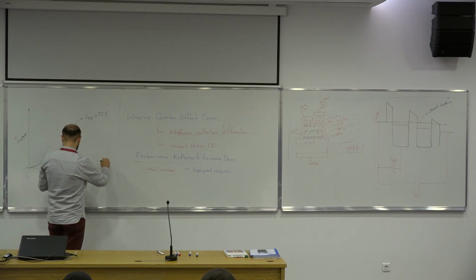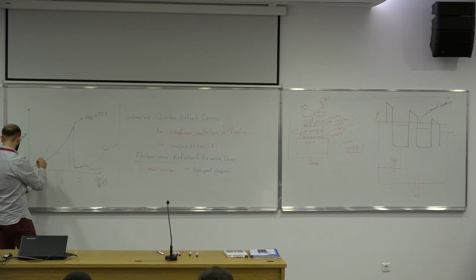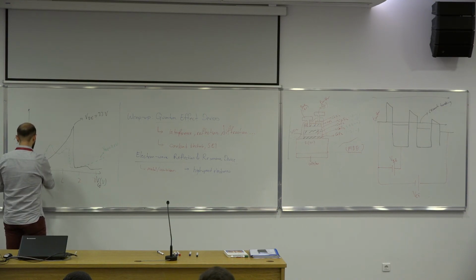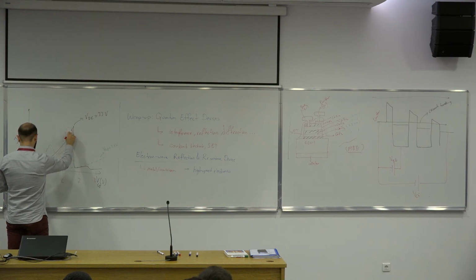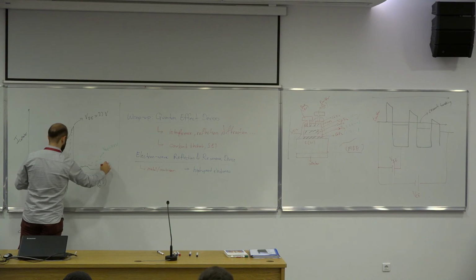So this is VBE equal to 2.6 volts. And then finally, there's this one. It goes up and then goes down, and does something like this. So this is 1.9 volts.